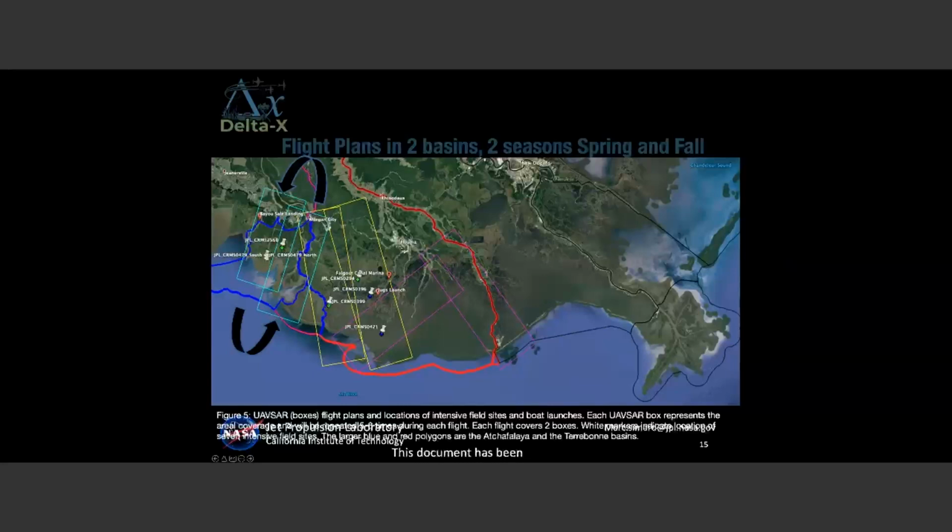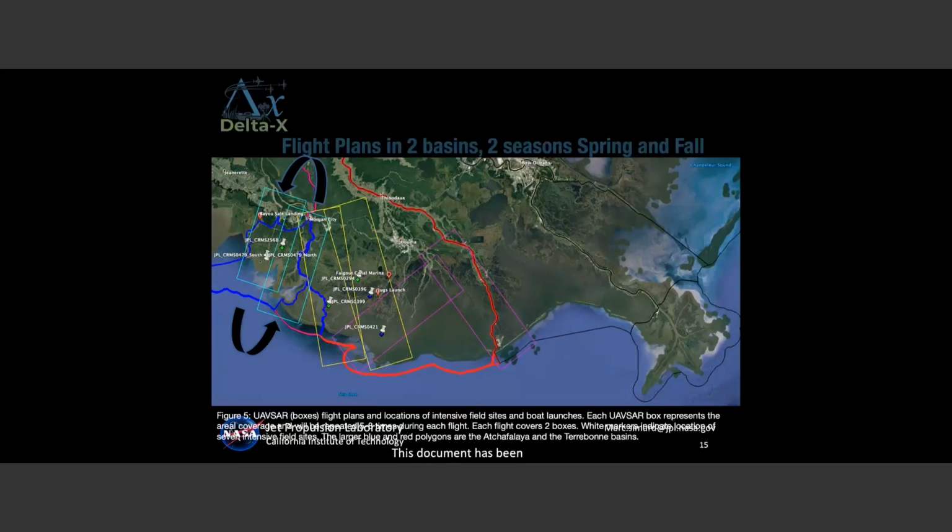So we keep flying these two boxes for over 6 hours. We can repeat these boxes 8 to 10 times. That is, we repeat a measurement every about 20 minutes. And this means when you repeat every 20 minutes, you can measure water level change every 20 minutes everywhere within that box. So we see the tide coming in and out of the system.